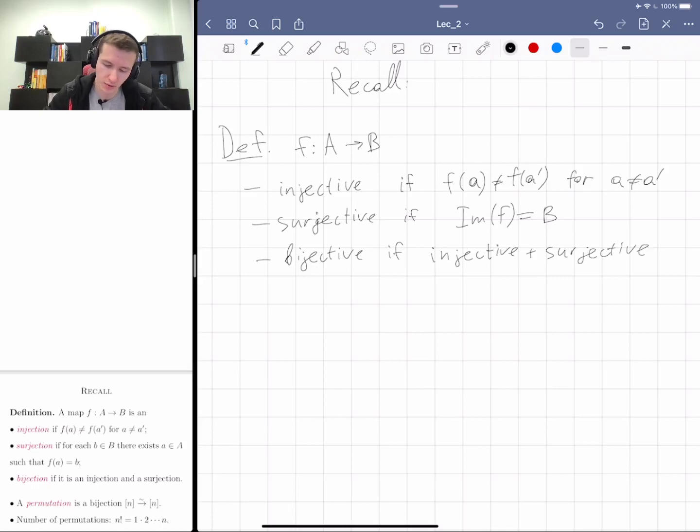So it sends each element of A to a unique element of B, and each element of B is covered by a unique element of A.